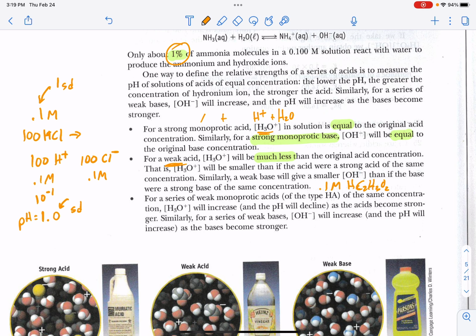The bond between the hydrogen and the acetate is pretty strong. So maybe 1 in 100 might dissociate. So my concentration of hydrogen ions is going to be substantially less than 0.1. And my pH, therefore, will definitely not be 1.